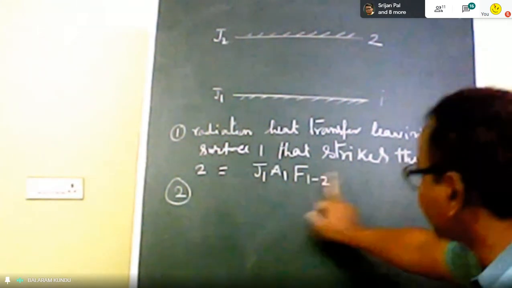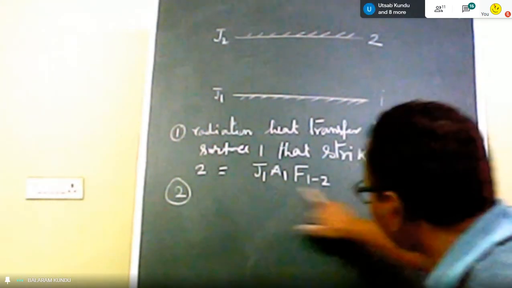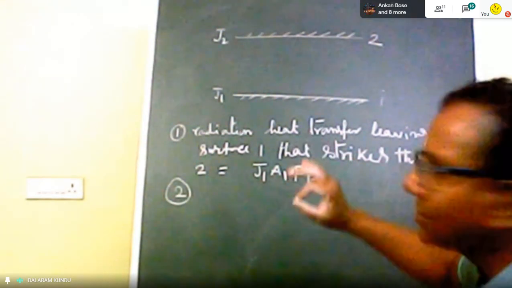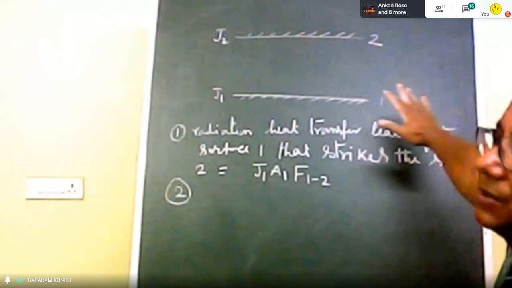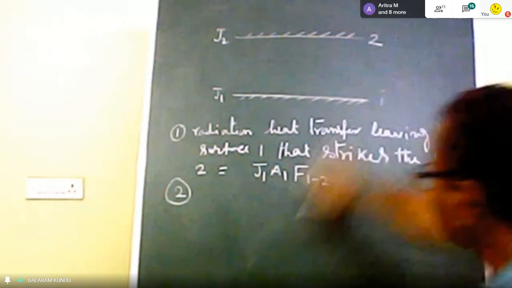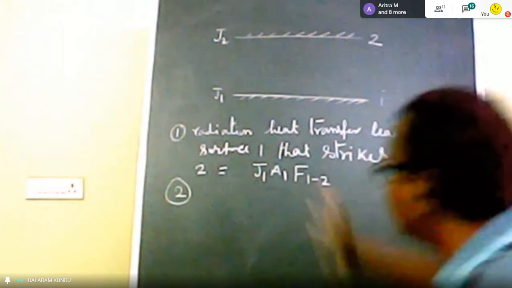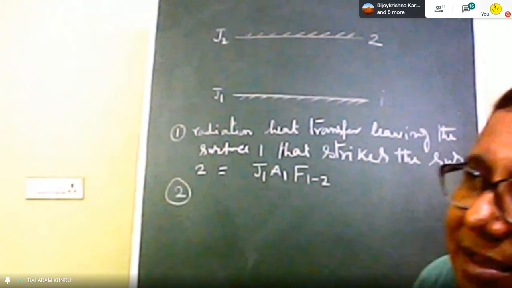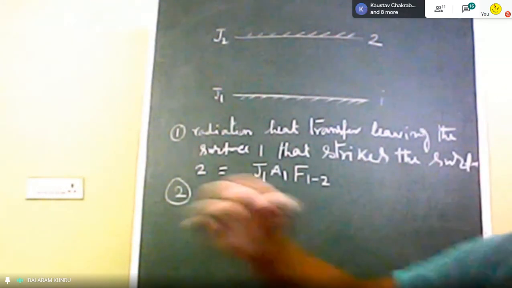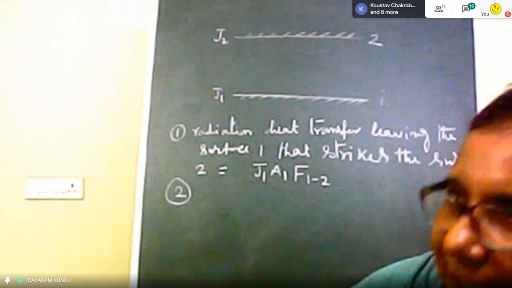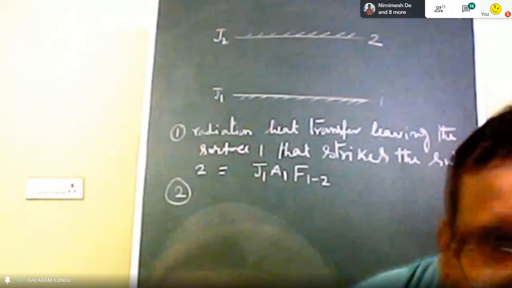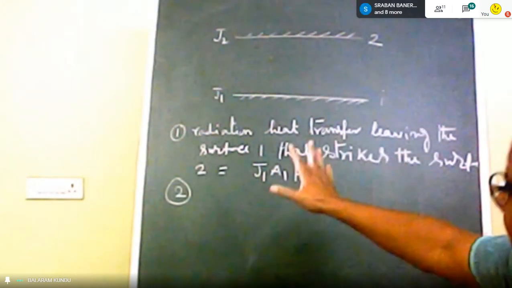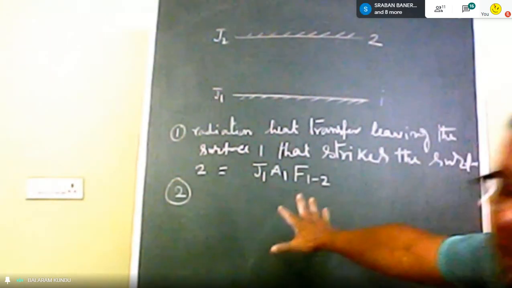That is the radiation energy leaving surface 1 that strikes surface 2, equal to J1 A1 F of 1 2. Similarly, if surface 2 is there, the radiation energy leaving surface 2 that strikes surface 1 can be determined using the same expression.